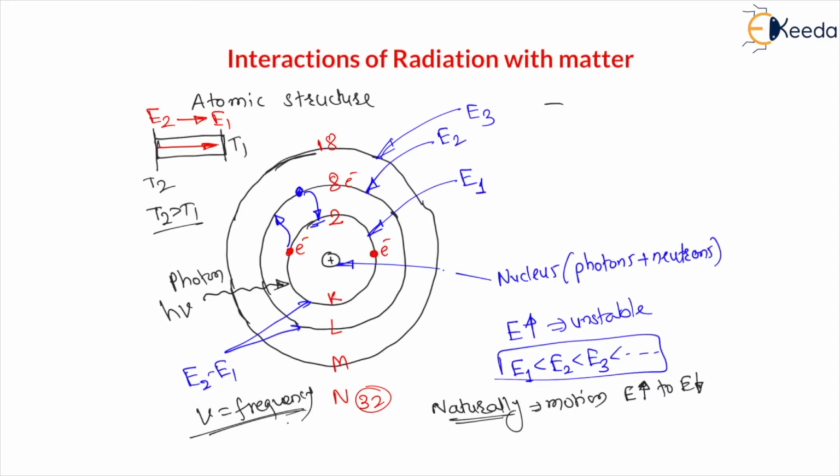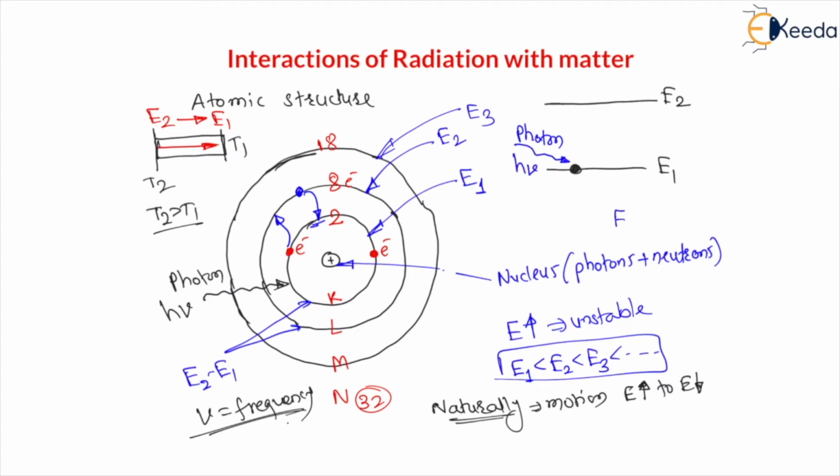So here, if I draw the energy levels, let us say E2 is the higher energy level and E1 is the lower energy level. And my dear students, let us say in E1 there is an electron. Now, if I supply energy to this electron, a photon of energy h nu, where nu is the frequency of radiation and h nu is the energy of the photon.